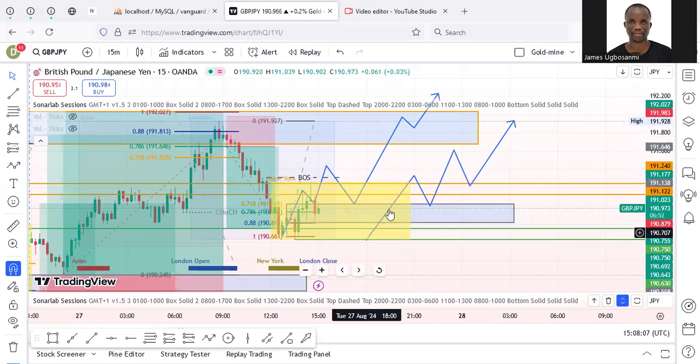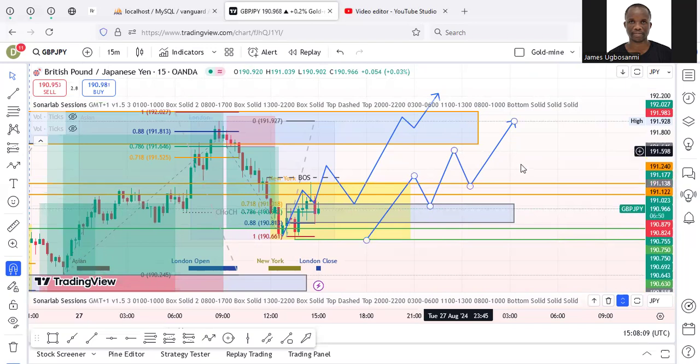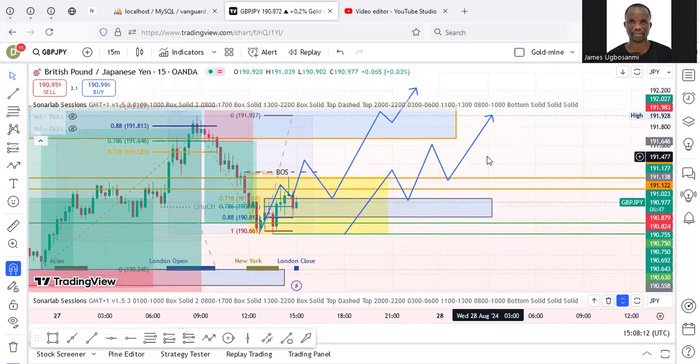When we see a movement like this in the market, it's an indication that there's a buy action going on. So we should be looking for a potential buy opportunity.